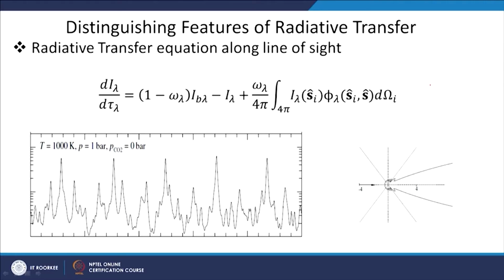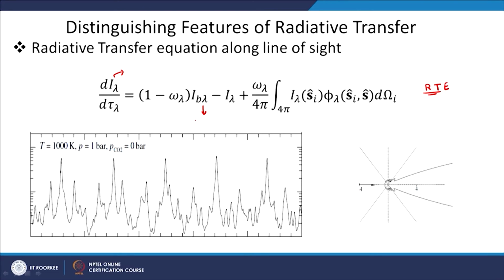This is the equation of radiative transfer, which we will derive in one of the lectures. If you look at the number of variables here, we have the dependent variable as intensity, and then we have wavelength.